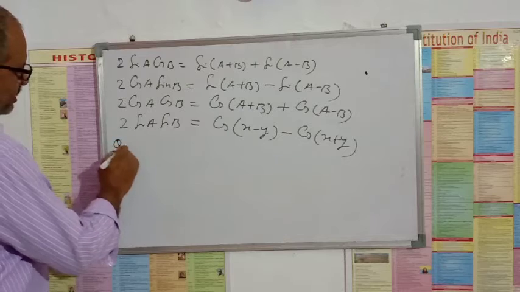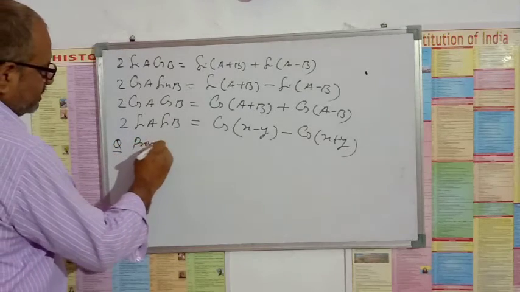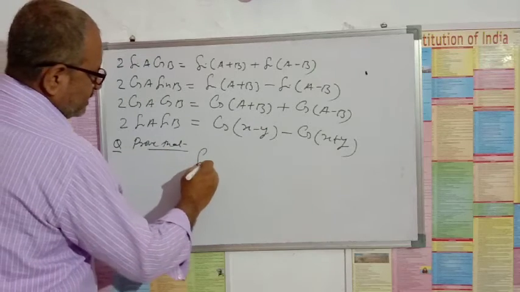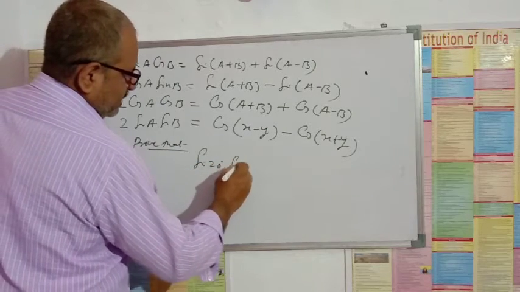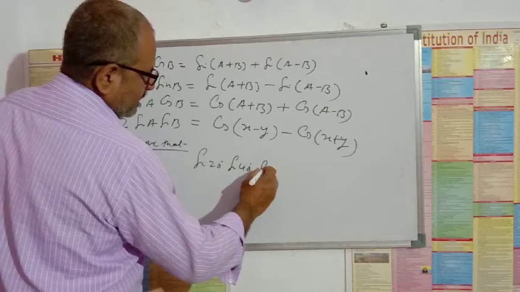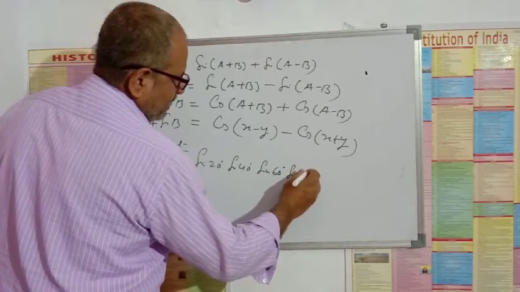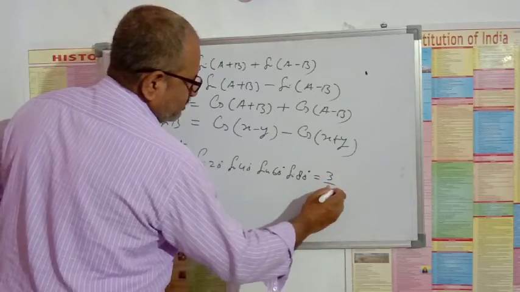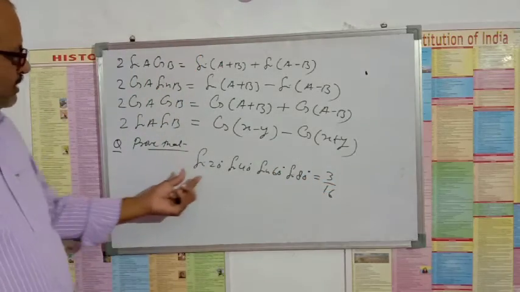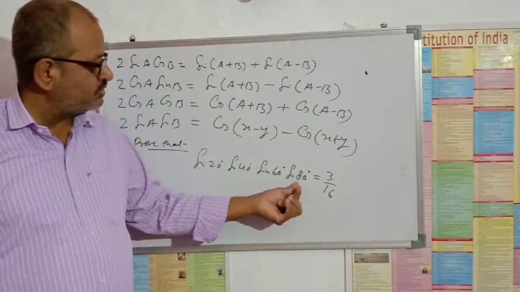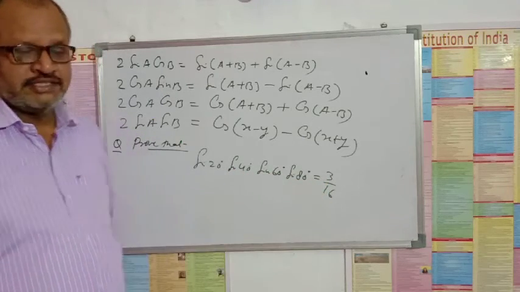See one question. We have to prove that sin 20 degrees, sin 40 degrees, sin 60 degrees, sin 80 degrees is equal to 3/16.